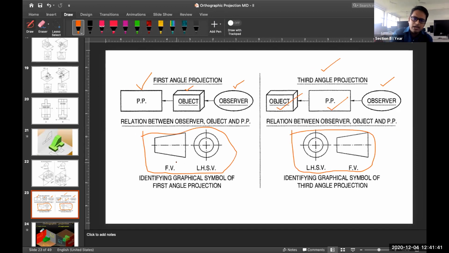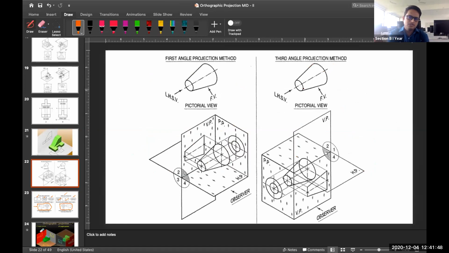Now how they are coming, how you are getting this graphical representation, that we will see. Suppose this is a frustum of a cone, top surface is cut out. Now follow the first half, that is your first angle projection. If the observer is looking from this side, what will happen? The projections will go in this direction.